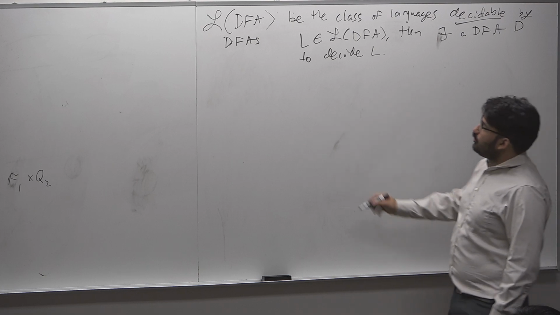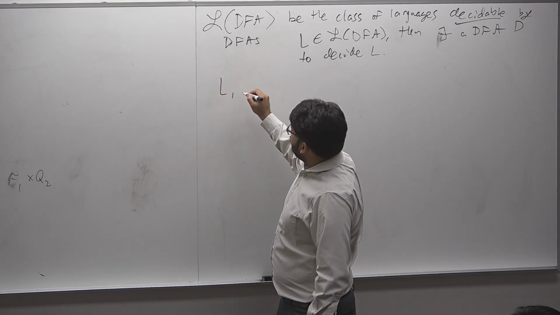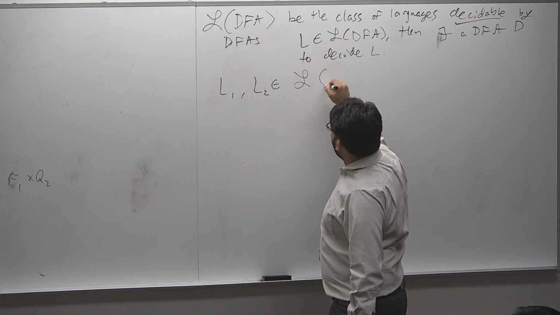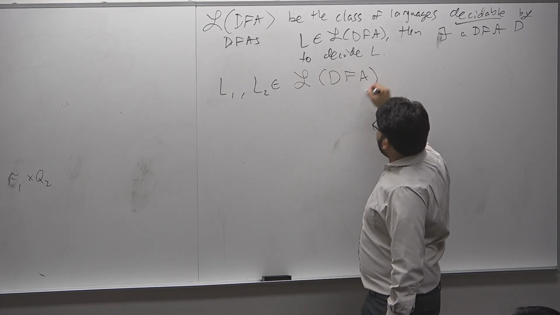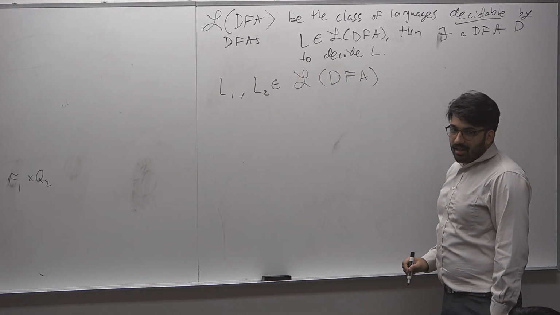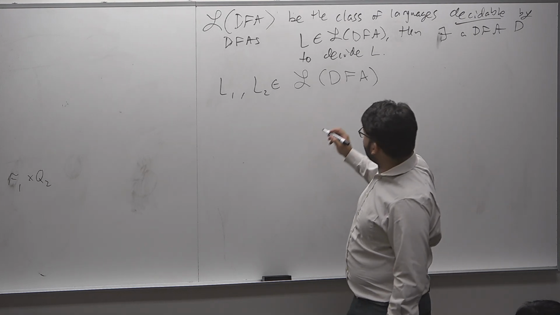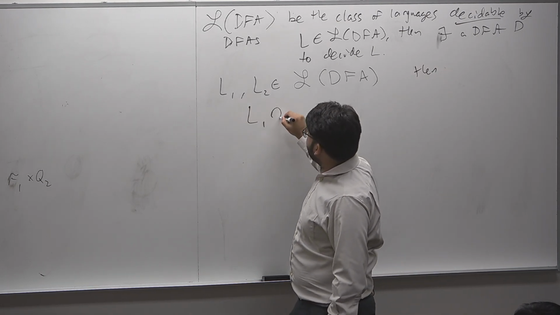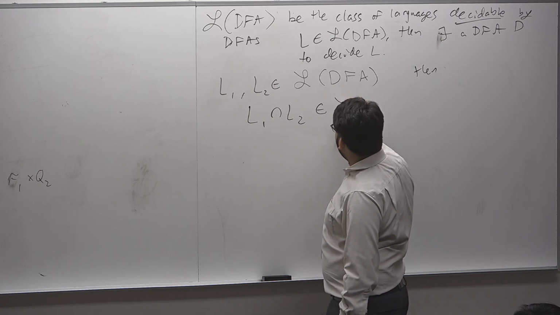What we have really proven is that if L1 and L2 are elements of L_DFA, then this class of languages is closed under intersection. Then L1 intersect L2 is an element of L_DFA.